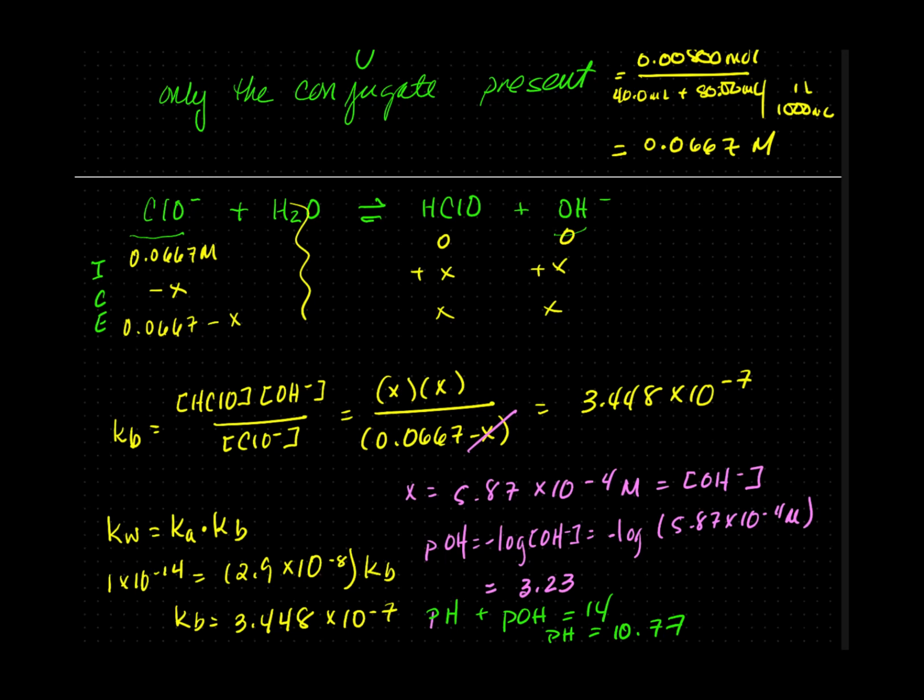If you are having difficulty writing the equation, write it as a Bronsted-Lowry acid-base reaction. React the conjugate base with water. Your water will behave like a Bronsted-Lowry acid, and your conjugate base will react as a Bronsted-Lowry base.